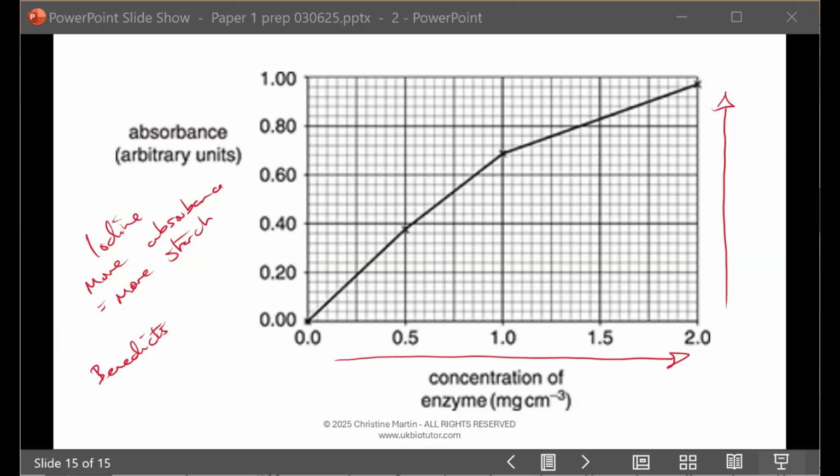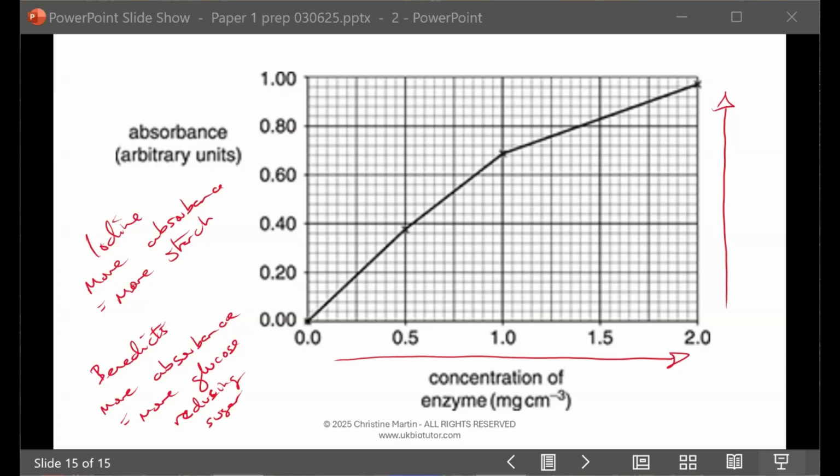So if there's more absorbance with Benedict's, then we would say that we've got more glucose, or reducing sugar to be more precise. Does that make sense? It really depends on the question and what they've told you because it can be adapted any which way.